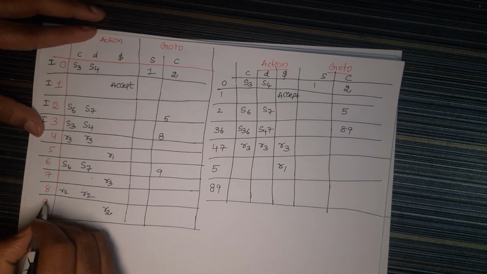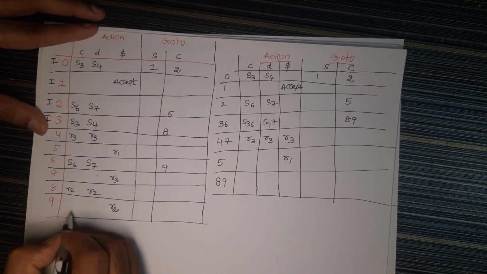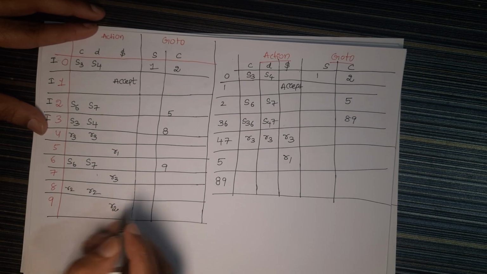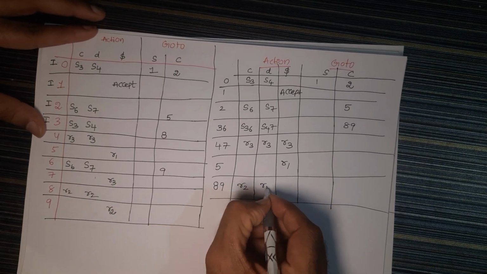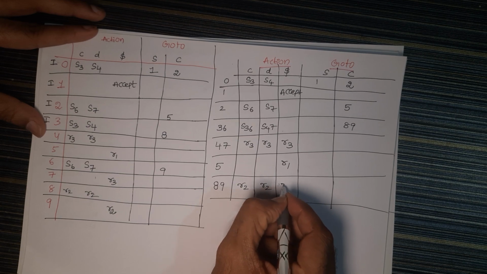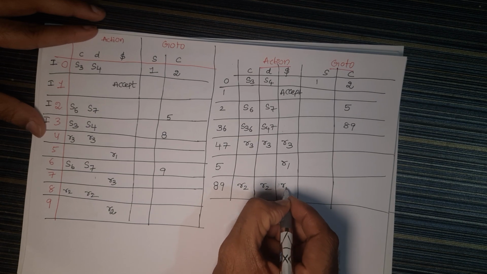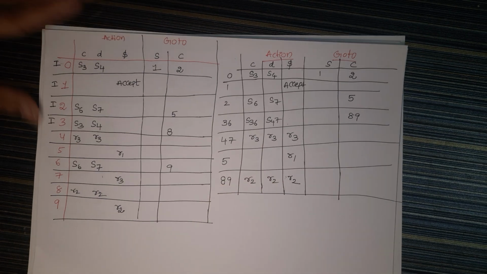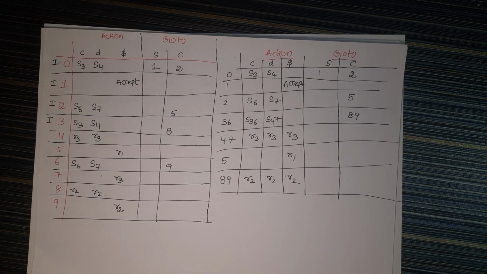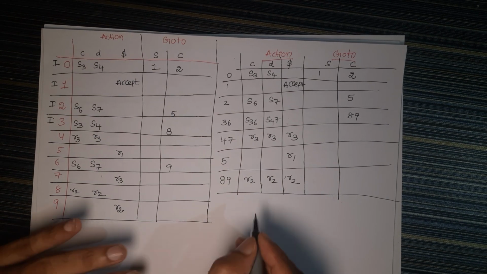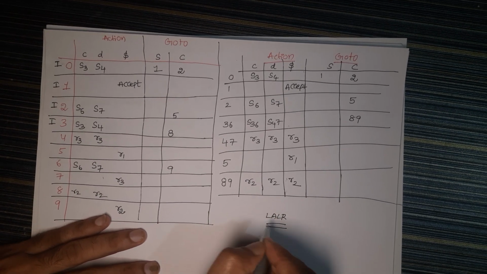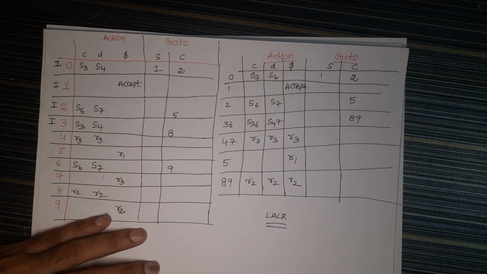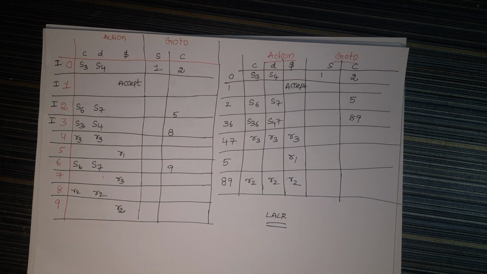If you see again 8 and 9, we are going to merge these two, R2. So this is called LALR. This is the final table for LALR. So this is the way to find the LALR parsing table.